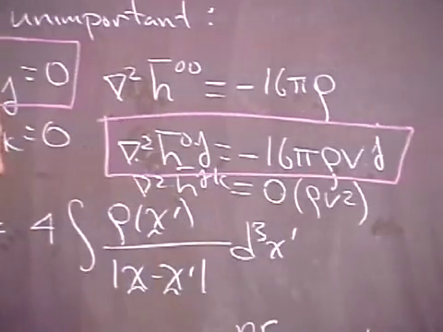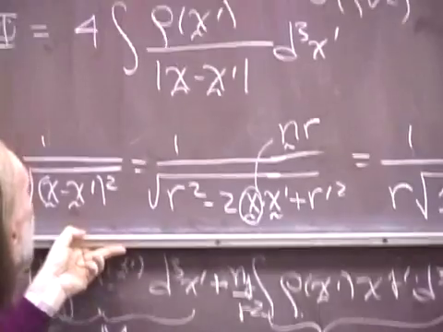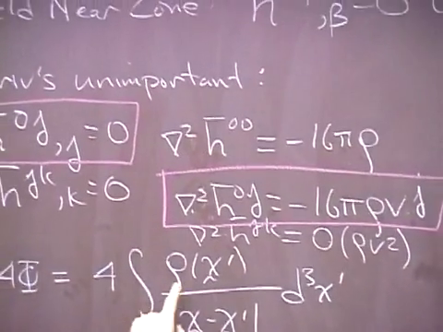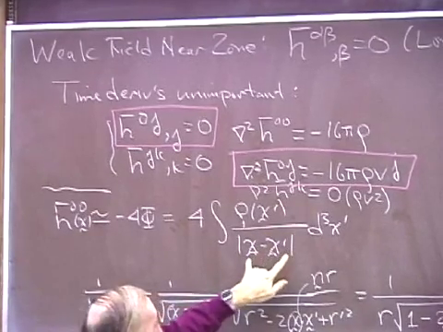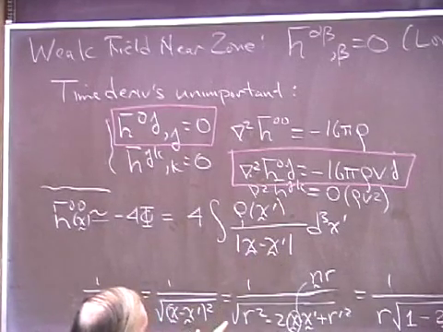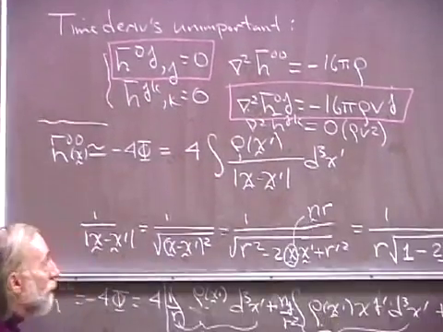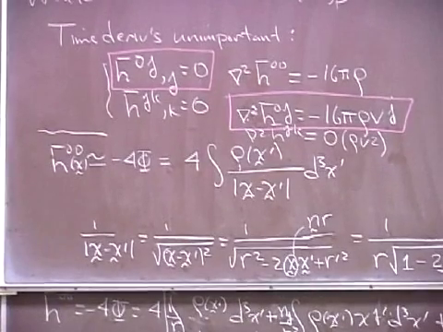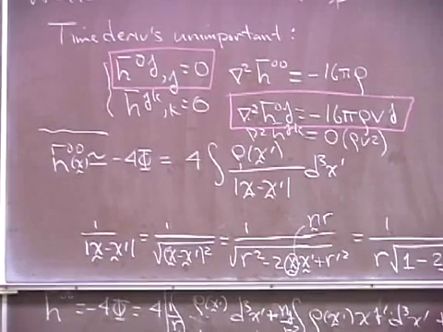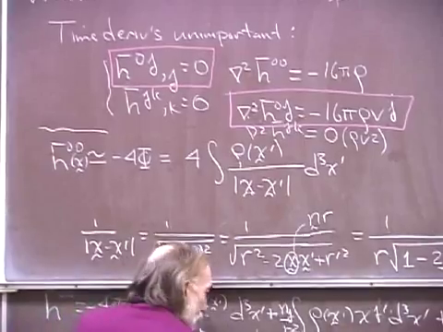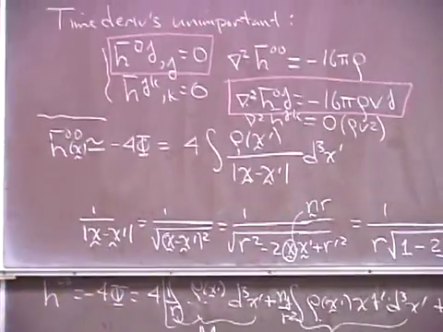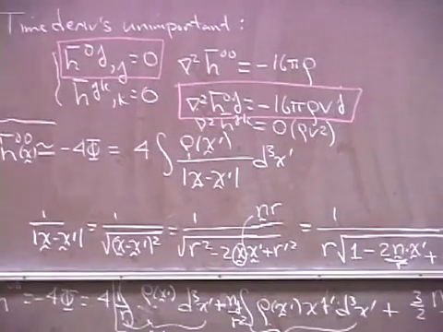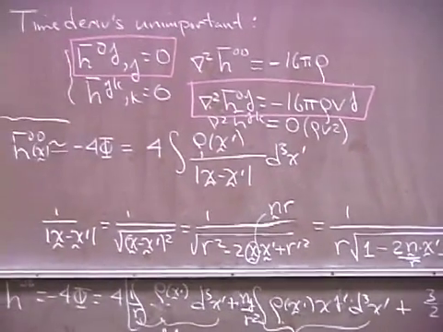You can apply this same technique of writing down a solution of rho Vj over x minus x prime, expand the 1 over x minus x prime out and just grind away, and then do some integrations by parts. And you wind up in the end with the following expression for the time-space part of the metric in the weak field near zone.